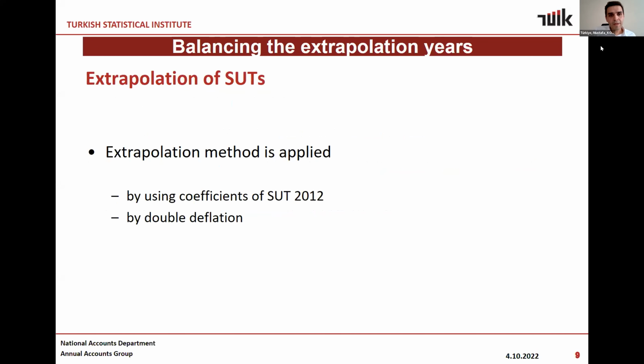For extrapolation SUT, an important method applied is using the coefficients of SUT 2012. As I said before, we are also using double deflation to obtain previous year price tables.